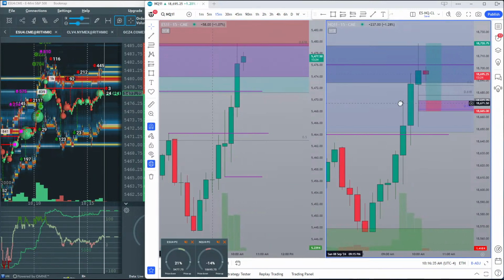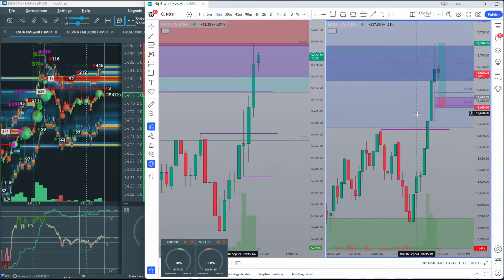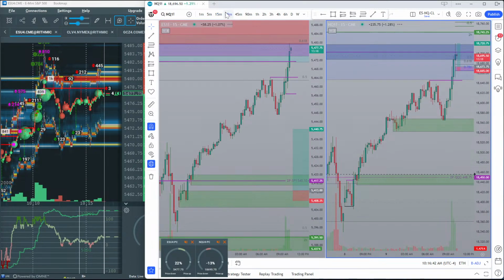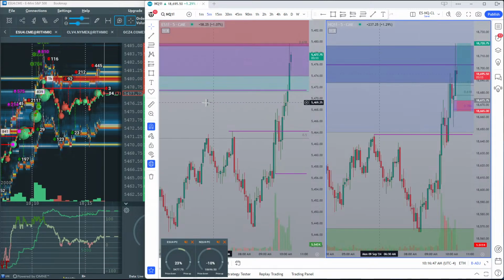So 15 looks a bit bearish on the NASDAQ, but we would really need a strong move to make it bearish. So we'll wait. 13 minutes for the 30 to close.